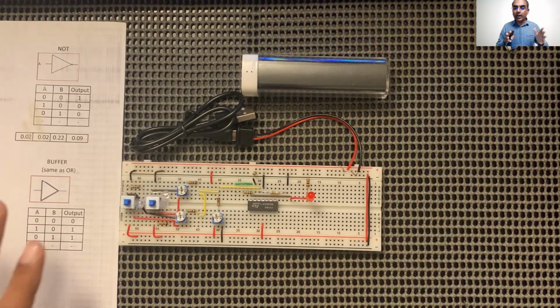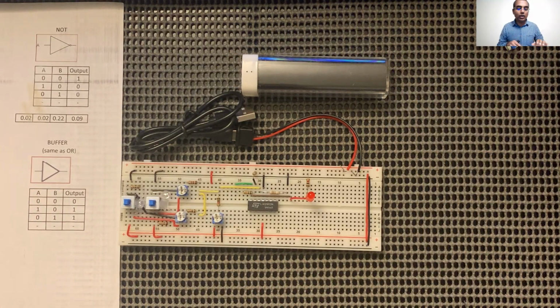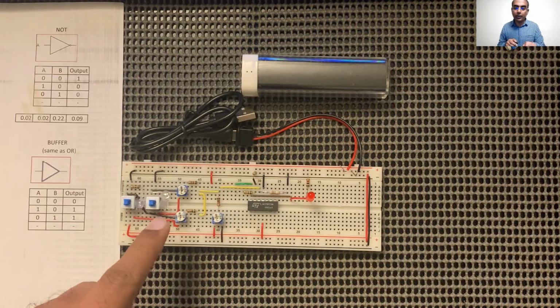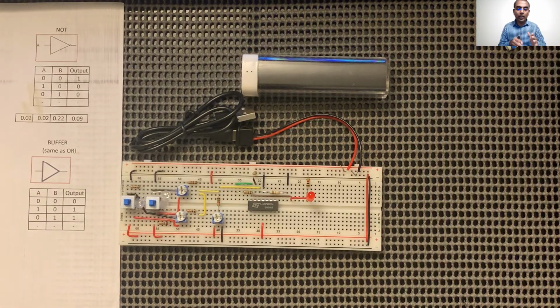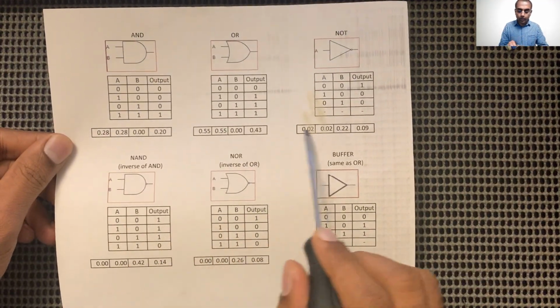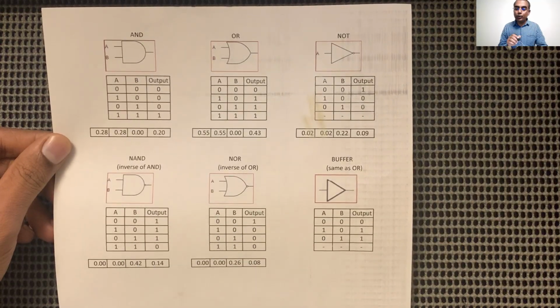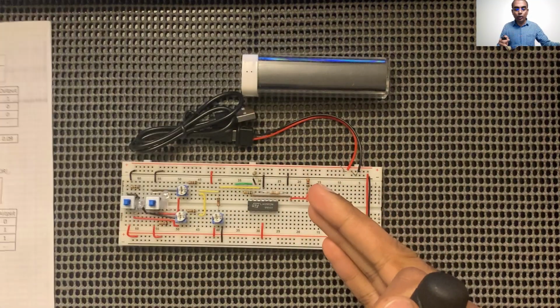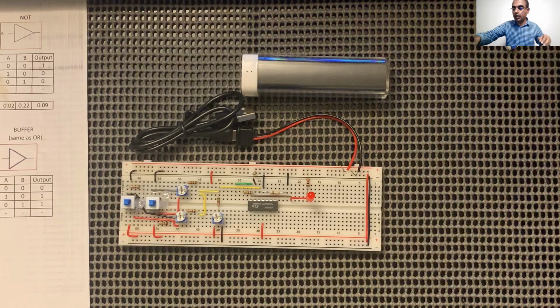In order to save time, I have noted down the voltage at the wiper outputs of each of these gates by training manually. I have noted that down over here for each of these gates. And then I'm going to use that as the reference in this video to simulate or train this perceptron.